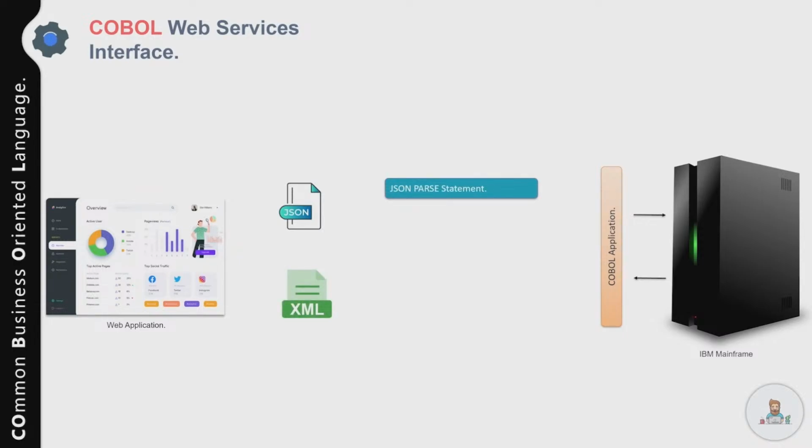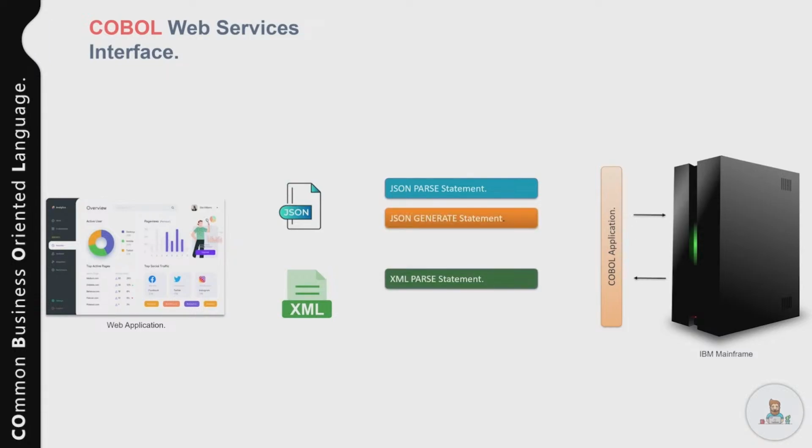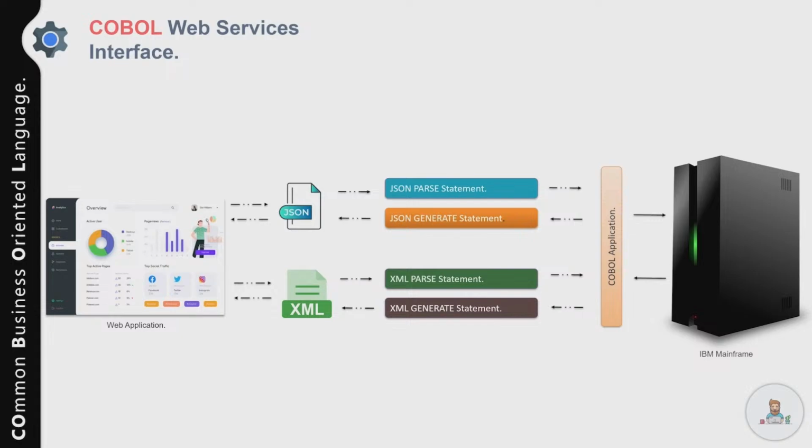The first one is the JSON PARSE statement, which is used to consume the JSON message that you've received from the web application. Apart from that, you can use the JSON GENERATE statement that will convert the COBOL data item or the COBOL output into a JSON format that can be processed by a web application.